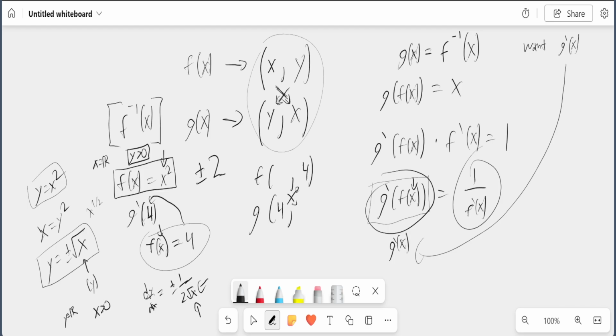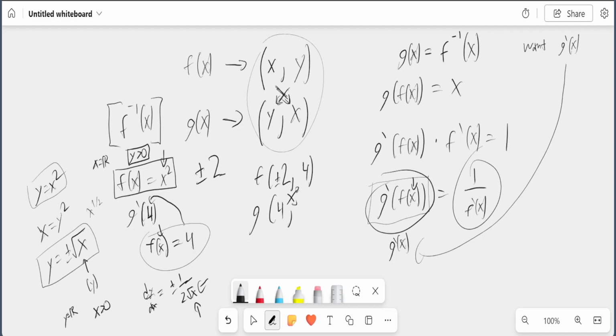So what number can we plug into our f of x to get 4? We can plug in plus or minus 2, right? Does that make sense? Are there any questions so far? Yeah, and because of that switching, we won't directly put 4 into the derivative. Even though technically, if you think about it, isn't that still equal to g prime of x? What is? Plus or minus 1 over 2 root x. Yeah, this is g prime of x.